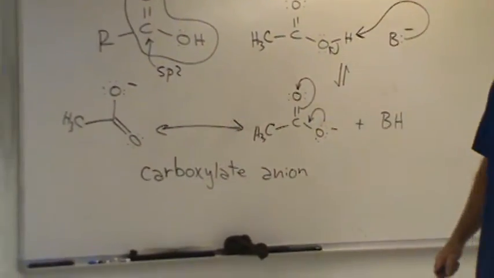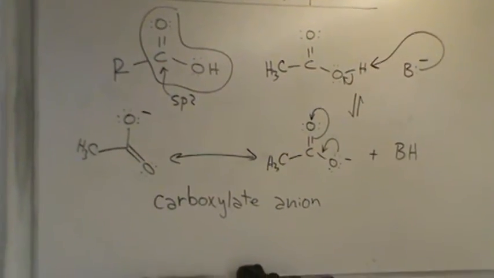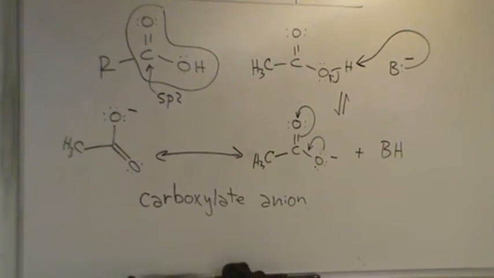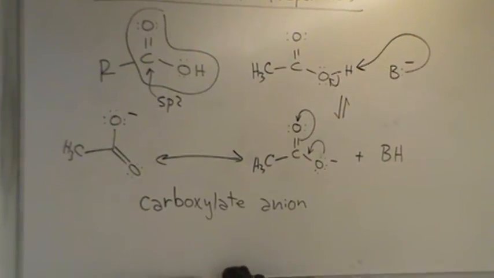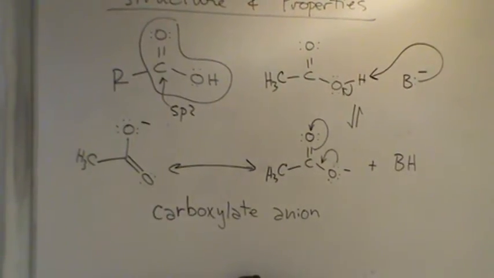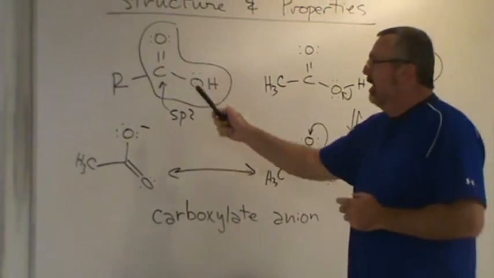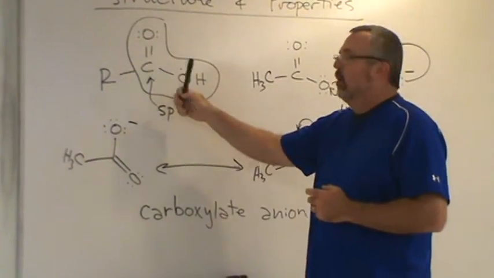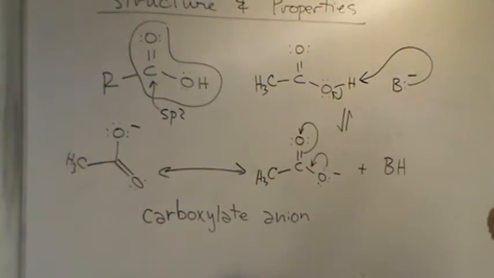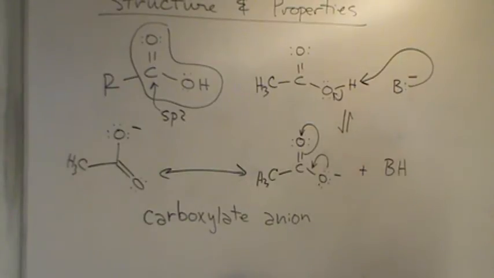Carboxylate anions are very typically formed in situations where you have a carboxylic acid in the presence of a basic species. We're going to see carboxylate anions in several places moving forward. So there you have it, the structure of the carboxylic acid dominated by the sp2 character of the carbon and the trigonal planar nature of the atoms around that carbon, and the properties, namely the acidity of carboxylic acids.